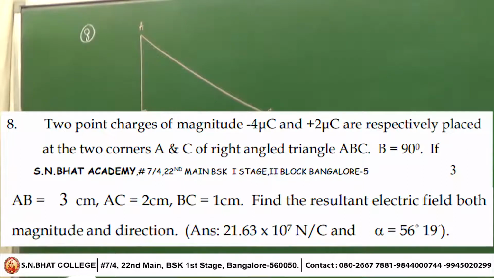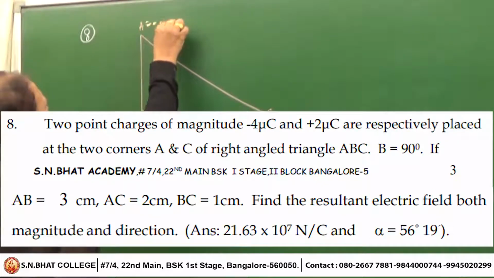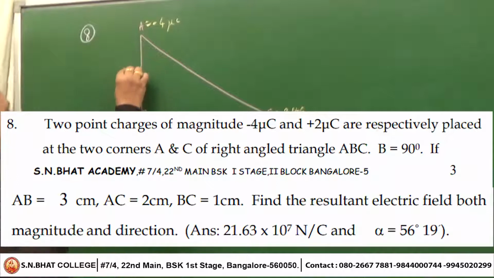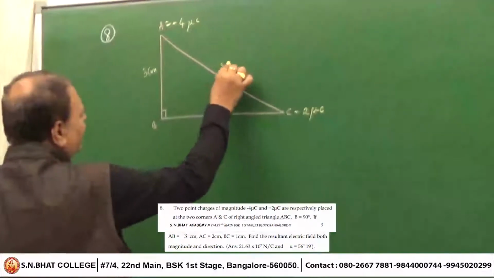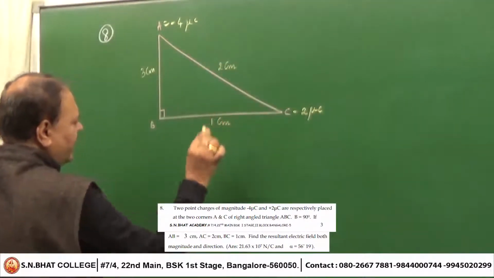Again, he has placed 2 charges. One is minus 4 microcoulomb and another is plus 2 microcoulomb at the corners A and C. And he says that the value of AB is equal to 3 centimeter. He says AC is equal to 2 centimeter. He says BC is equal to 1 centimeter.